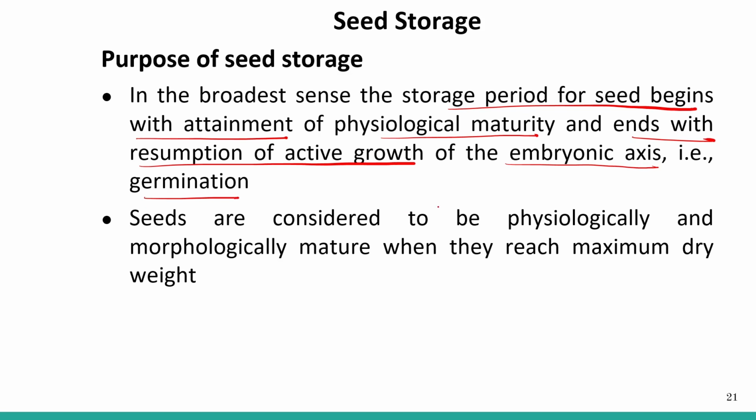Seeds are considered to be physiologically and morphologically mature when they reach maximum dry weight. So, when the seeds are set, they attain physiological maturity, they attain morphological maturity, and they reach the maximum dry weight. That shows that this is the time that we must store the seeds.